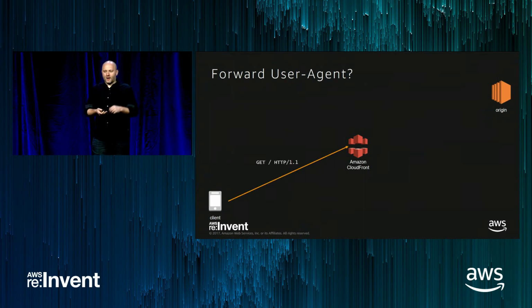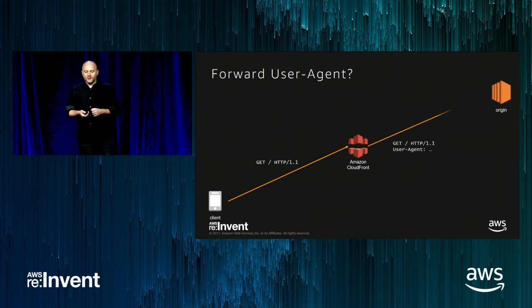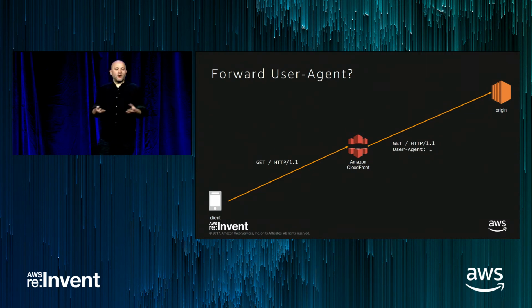So I make an HTTP request to CloudFront. I've now configured CloudFront to forward the user agent. So it will forward the request back to the origin, and it will also include the user agent string. And the user agent string value will then be added to the cache key.